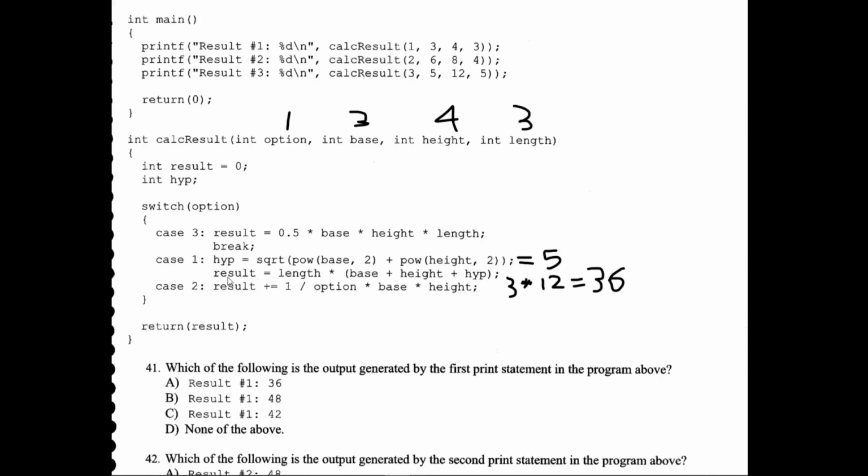Now, that's the end of the case 2 executables, but there is no break statement, so we have to continue executing down the line, and we're going to run this last line where it's going to add 1 over option.